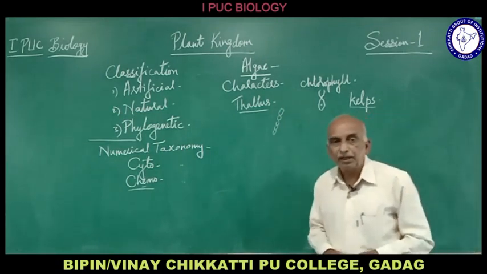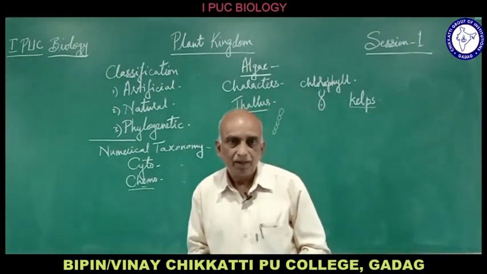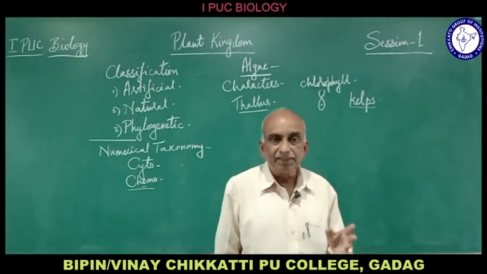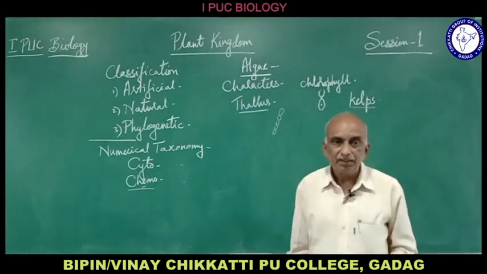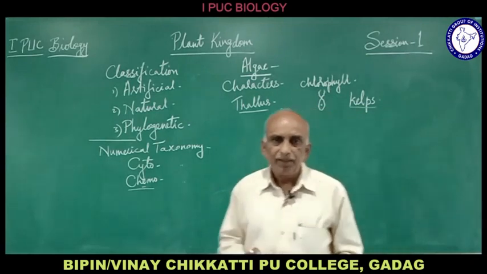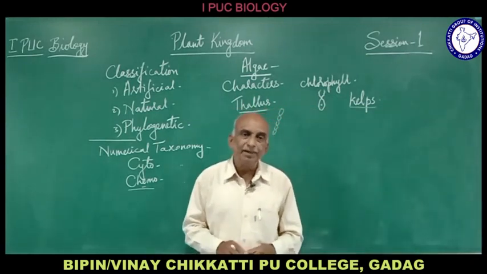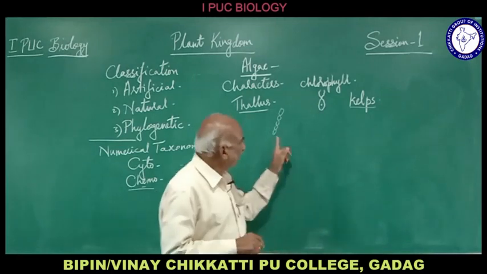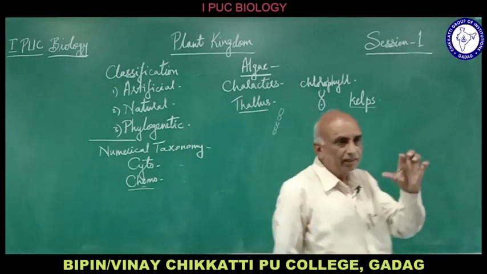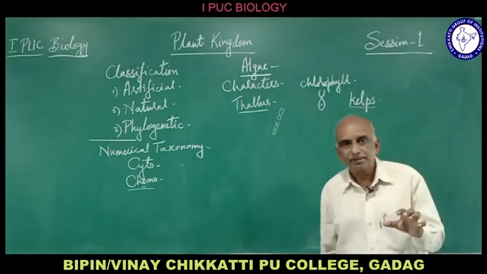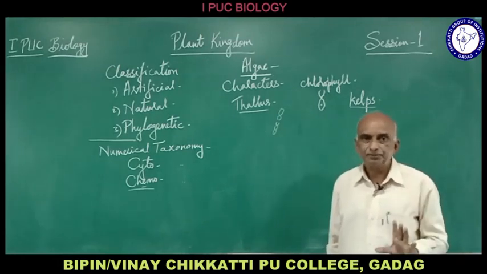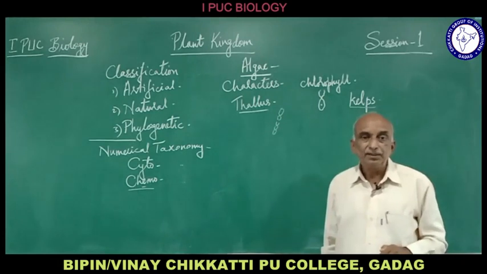Then when we come to the reproduction of algae, how does reproduction take place? Reproduction takes place in three ways: vegetative method, asexual method, and sexual method. Vegetative method usually means fragmentation. Whenever the algae grows, suppose this filament is cut off and broken into segments, each fragment, consisting of a few cells, will grow into a new organism.